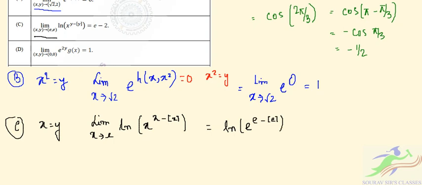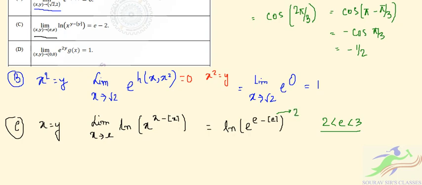This box function is the greatest integer function, so the value of e actually lies between 2 and 3. So the box function of e will be 2.